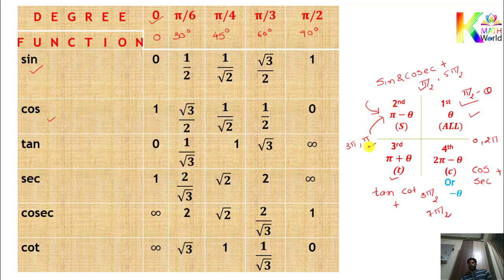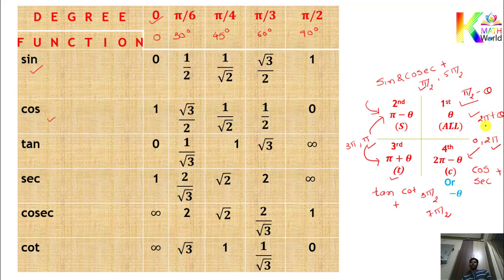Same way, as you move in the anti-clockwise direction, you get positive angle, and more than pi, you get here pi plus theta. Here you get 2 pi, and in the fourth quadrant the angle should be something less than 2 pi, so you can indicate it by 2 pi minus theta. If you move on and on, then in the first quadrant again you get 2 pi plus theta.